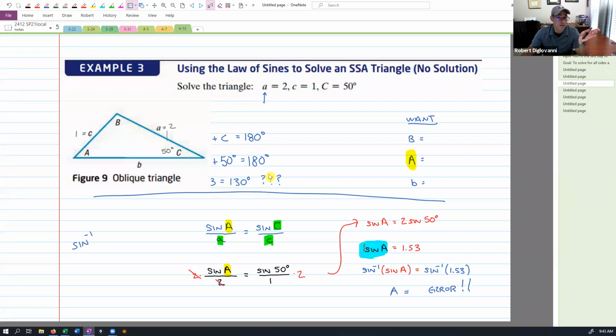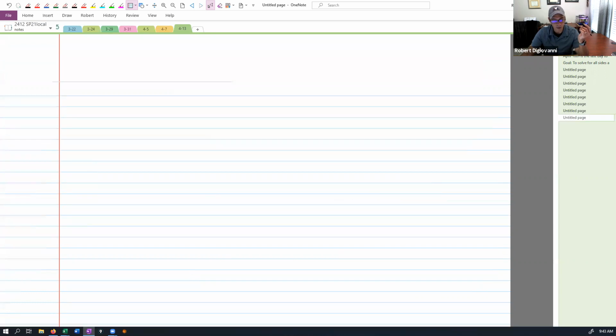It's impossible. And the only way to really see that is to actually physically try and do it. So let me see if I can do this. It's going to be hard. Let's say I'm going to start drawing a triangle, and I'm going to say that this side right here is 1. And then the other side of the triangle over here is twice that.